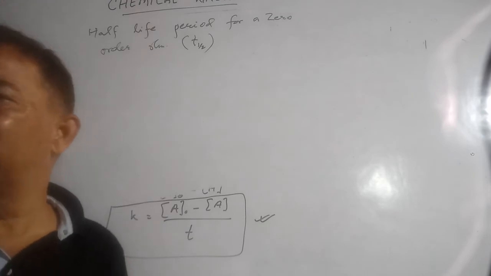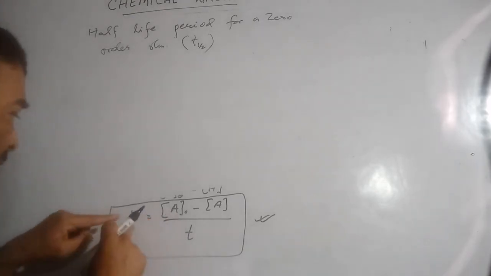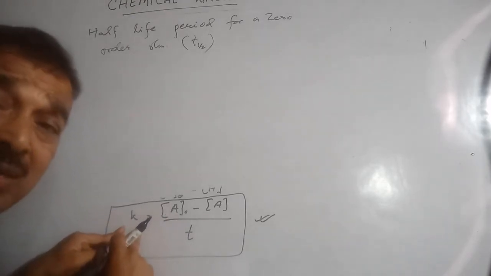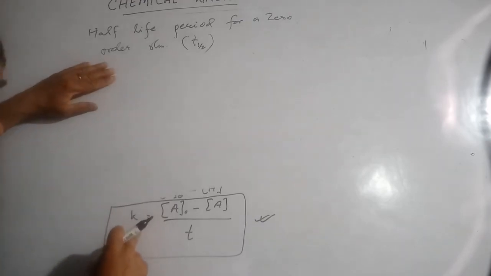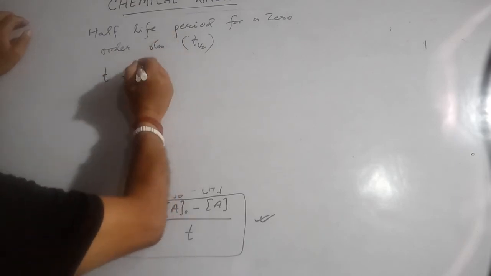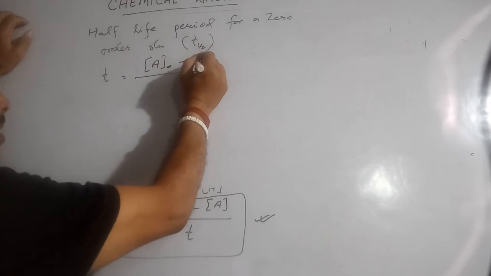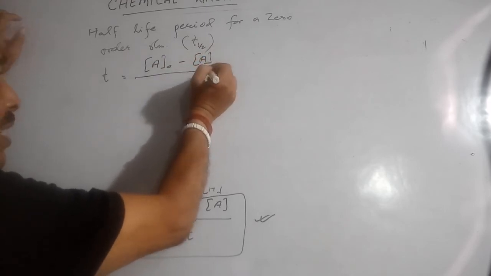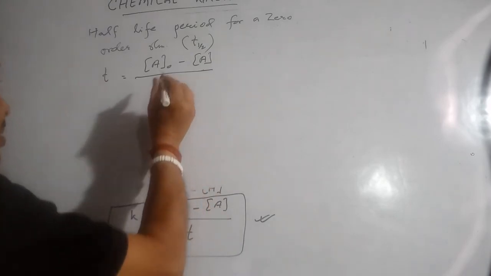From the integrated rate equation for a zero order reaction, we can write T is equal to the initial molar concentration of A minus the molar concentration of A at time T, divided by K.